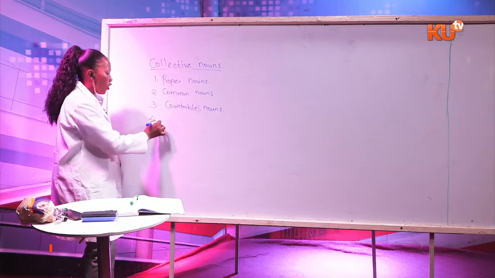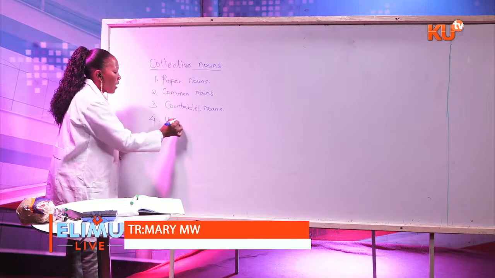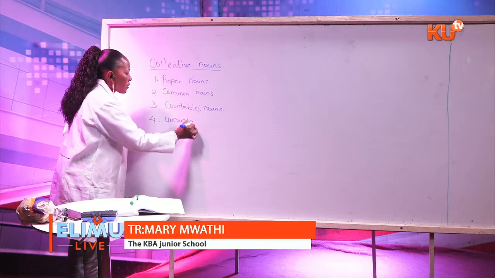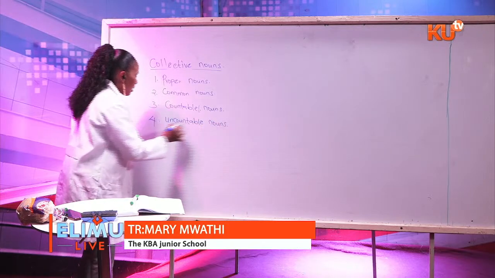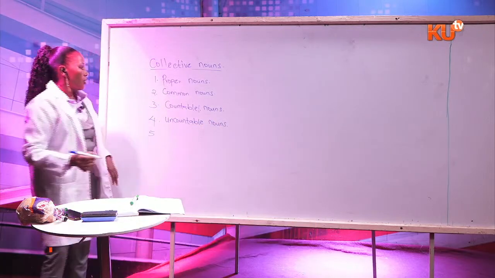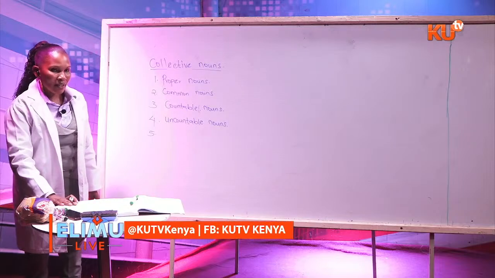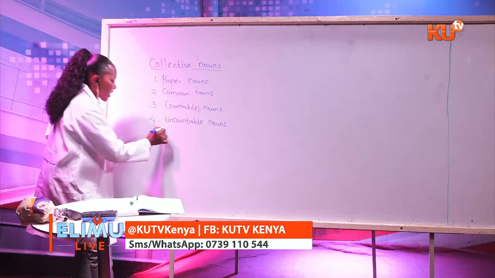Number 4, of course, uncountable nouns. Number 5, abstract nouns.